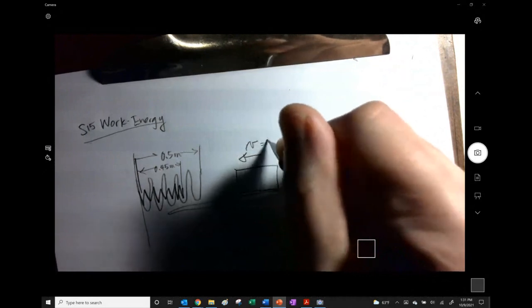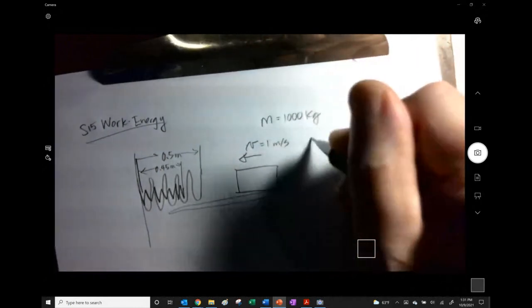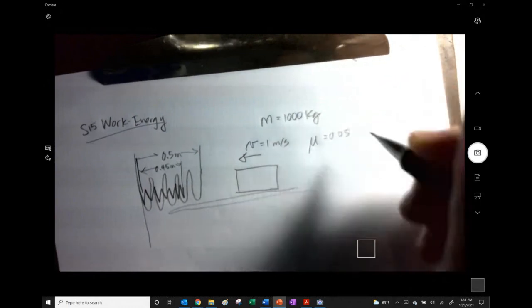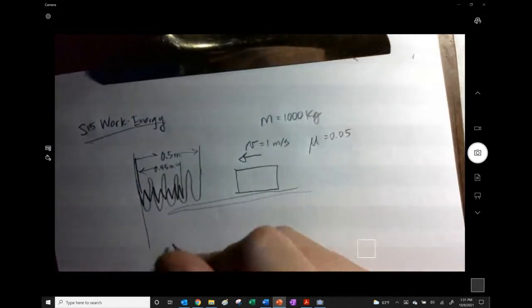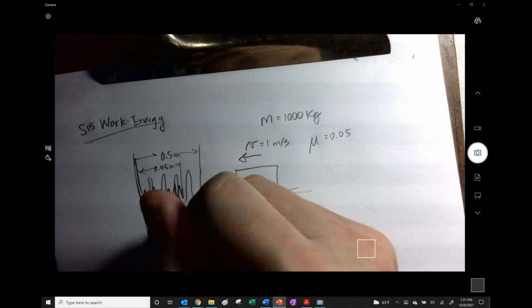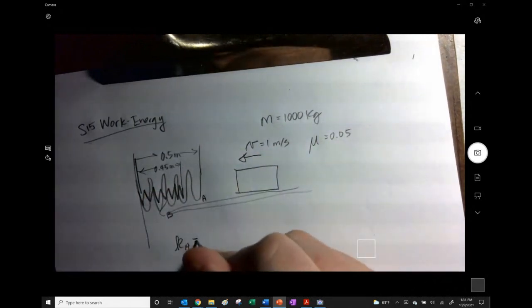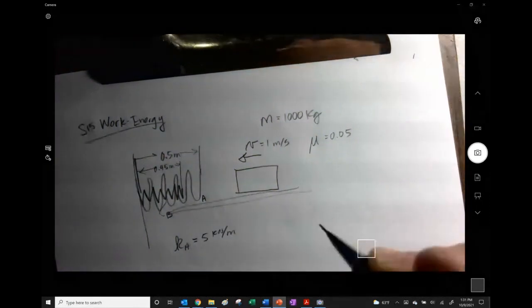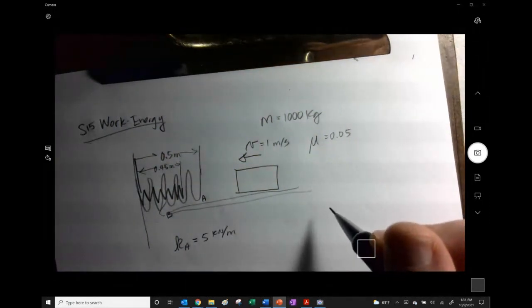And this ingot is on this conveyor and traveling at V of 1 meter per second, and its mass is 1,000 kg, and the coefficient of friction is 0.05, and the k of A, so this is A, and this spring is B, is 5 kilonewtons per meter. And determine the required stiffness.